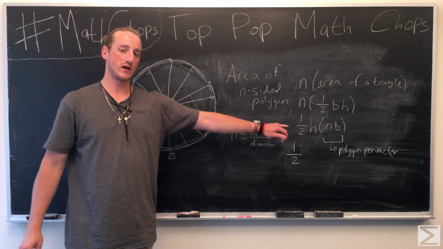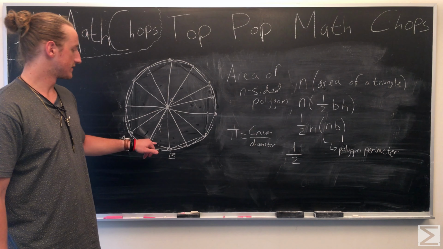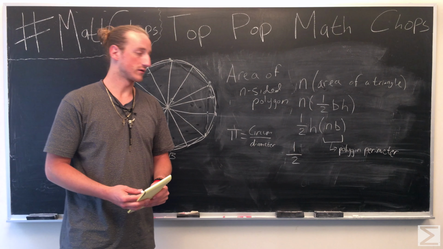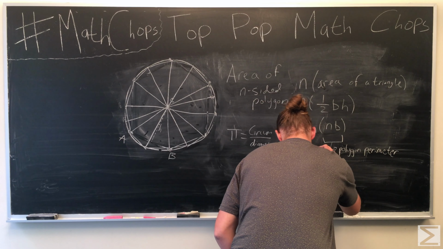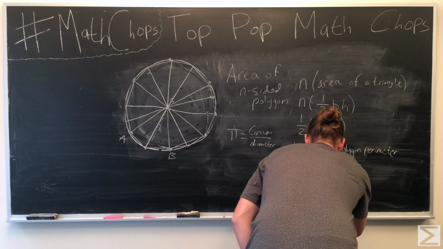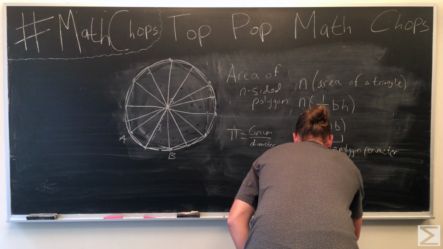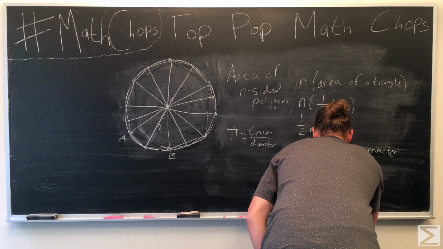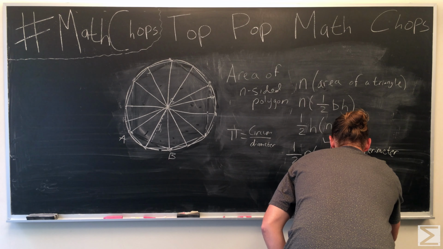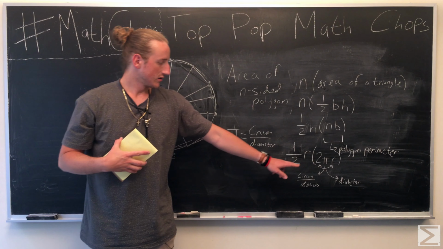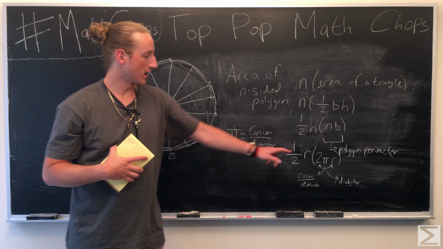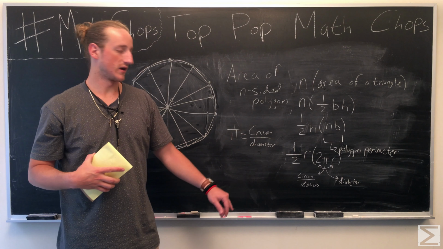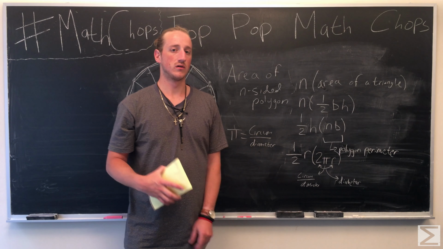We also know the height is still going to be the radius of the circle. So here we can see that pi is the ratio between the circumference and diameter, and then 2r will be the diameter.